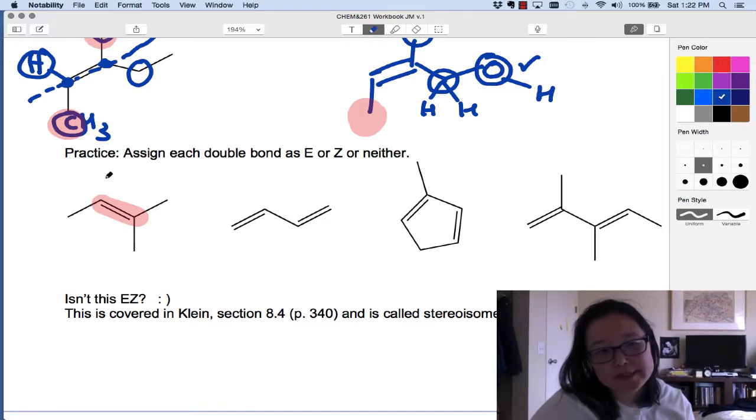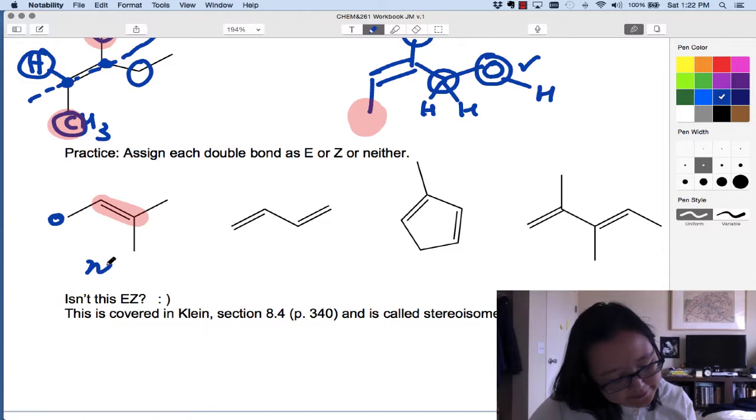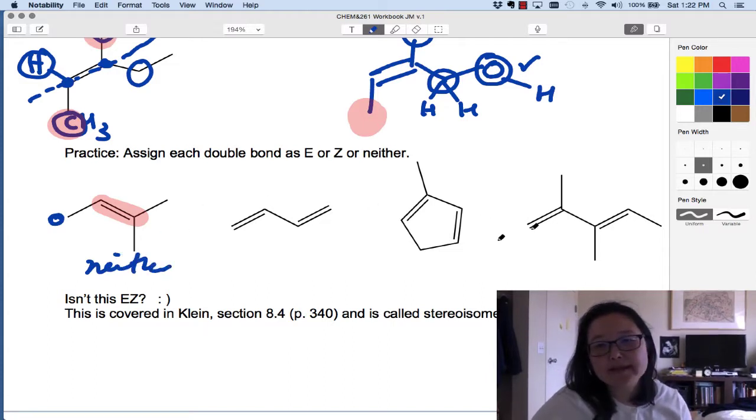This methyl group wins over the hydrogen over here, so this wins. And then over here, neither of these win, right? So there's no stereoisomer. If I switch these two groups, I'm going to get the same exact molecule. So this is called neither. So go ahead and highlight each of these bonds and figure out what's the configuration around each of these bonds, E or Z or neither.